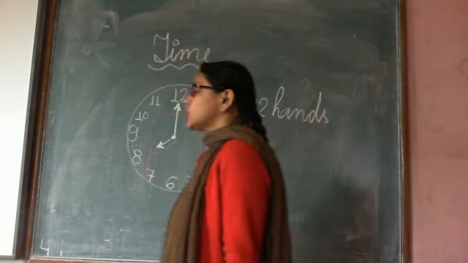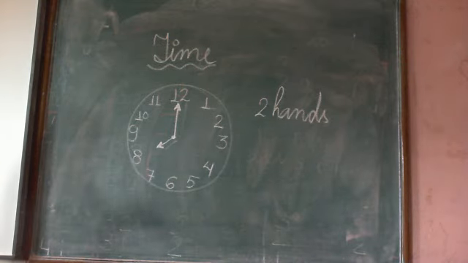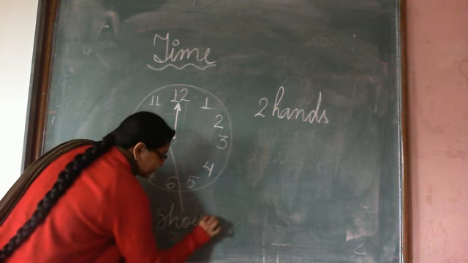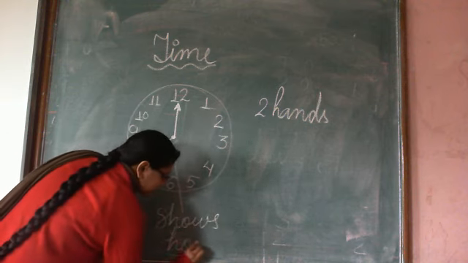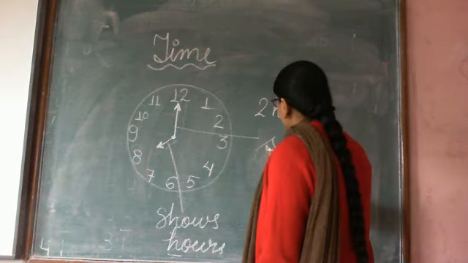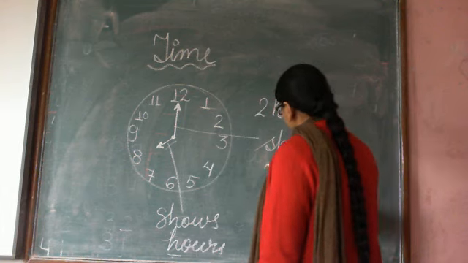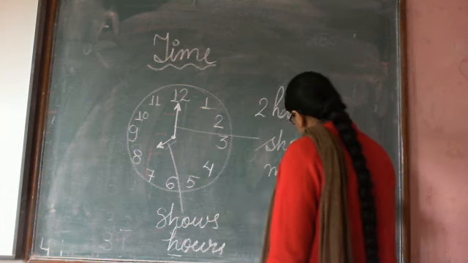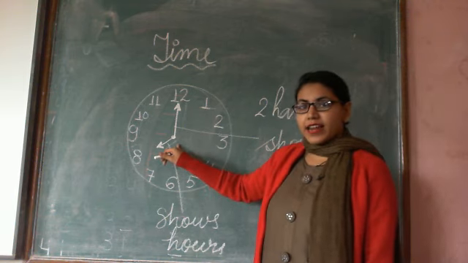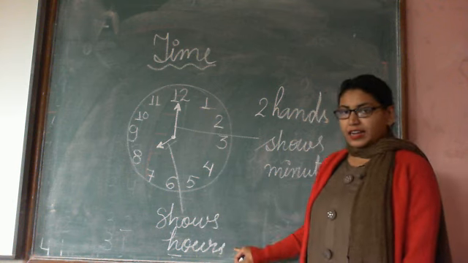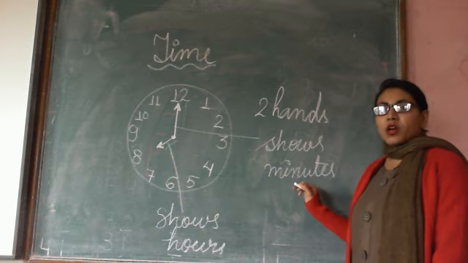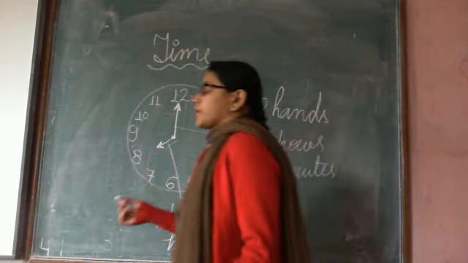The shorter hand shows hours and the longer hand shows minutes. The shorter hand is called the hour hand because it shows hours. The longer hand is called the minute hand because it shows minutes.